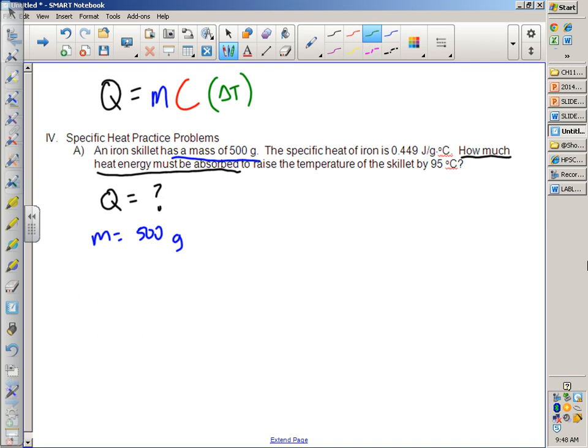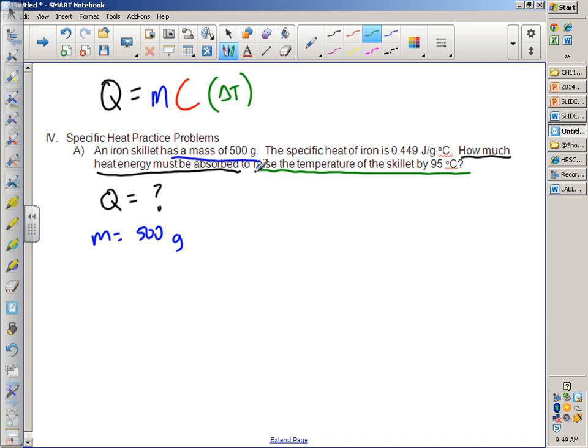This temperature here, what is it telling you about the temperature? Does it tell you how hot the skillet was to begin with? No. Does it tell you how hot it is at the end? If it's saying that it's raising the temperature by 95 degrees, that's not telling you how hot it was at the beginning, and it's not telling you how hot it was at the end.